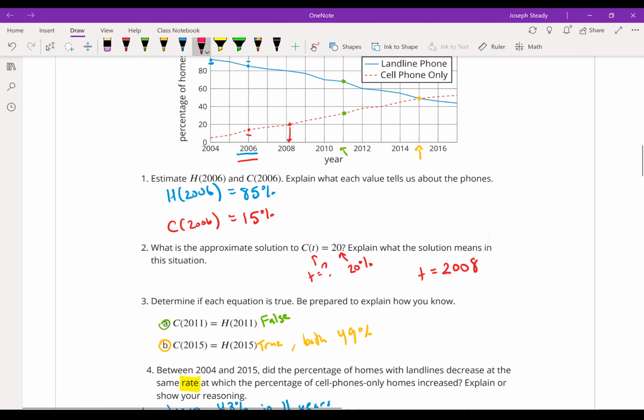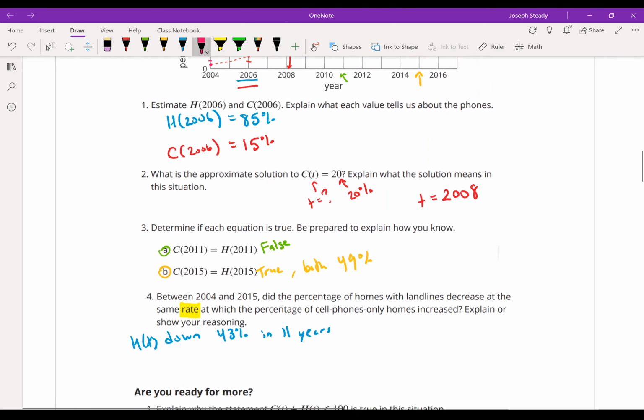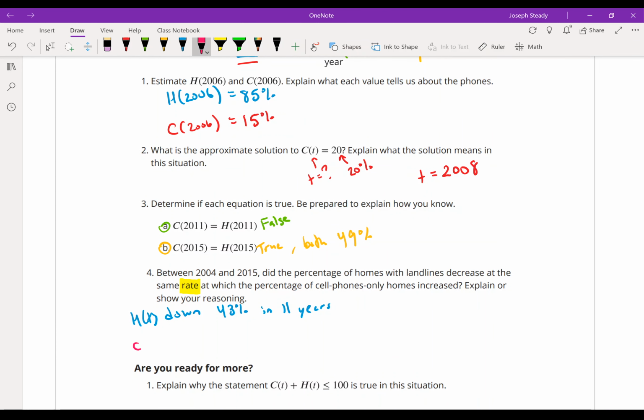Now we can check out c of t. C of t started down here, which is probably right around 5% maybe, and it went up to 49%. So c of t went up, let's see, from 5% to 49 is 45%, or sorry, 44% in 11 years.